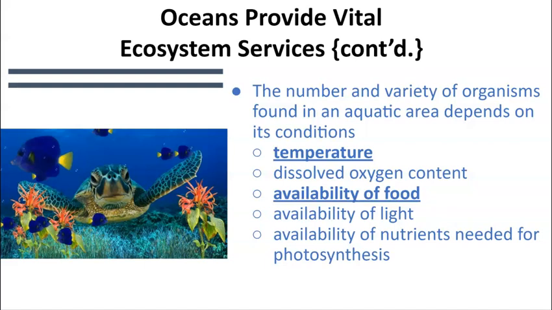So just remember that the number and variety of organisms is going to depend on conditions like temperature, dissolved oxygen content, availability of food, availability of light, and availability of nutrients needed for photosynthesis.